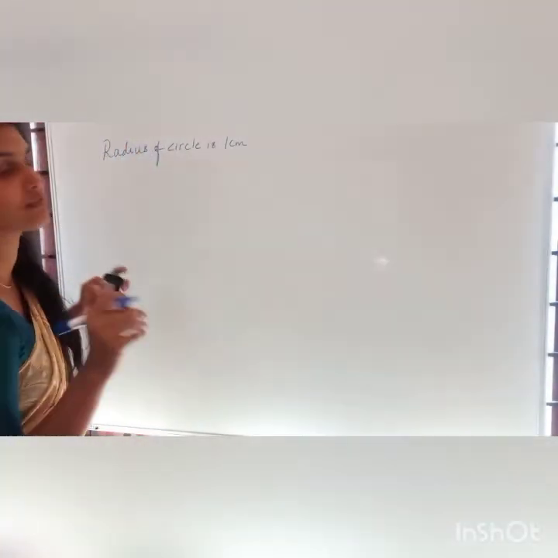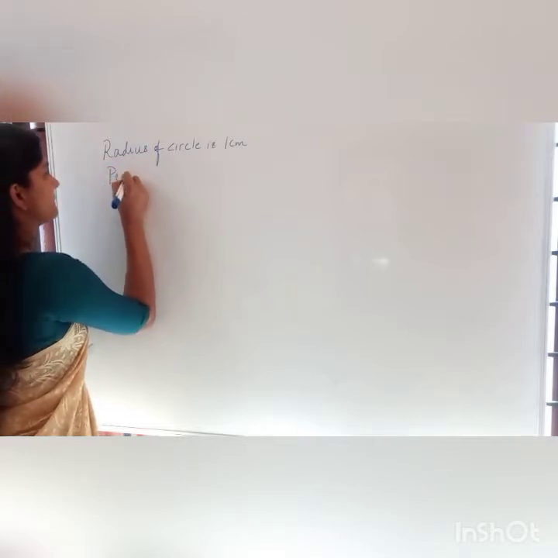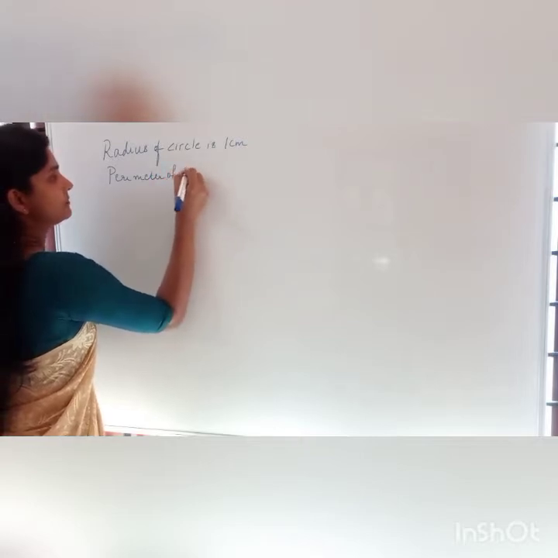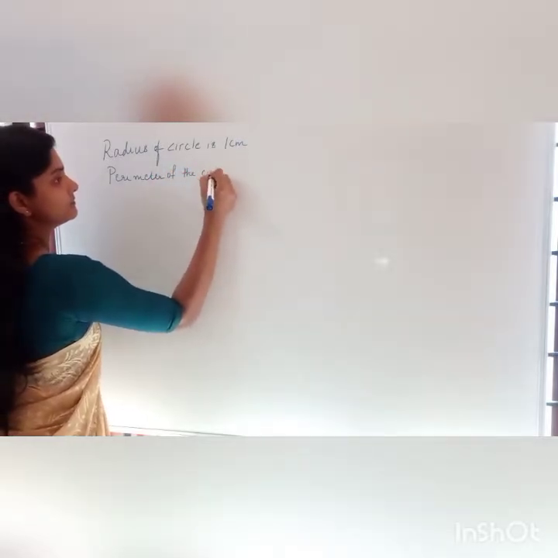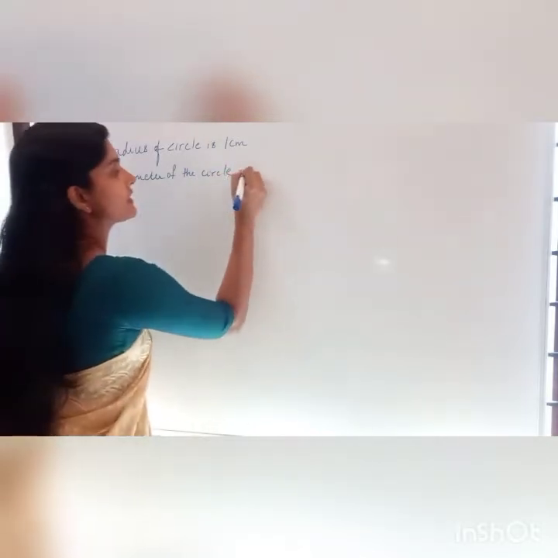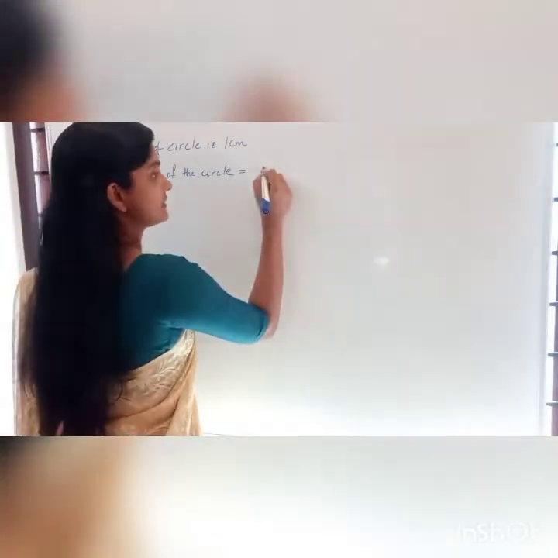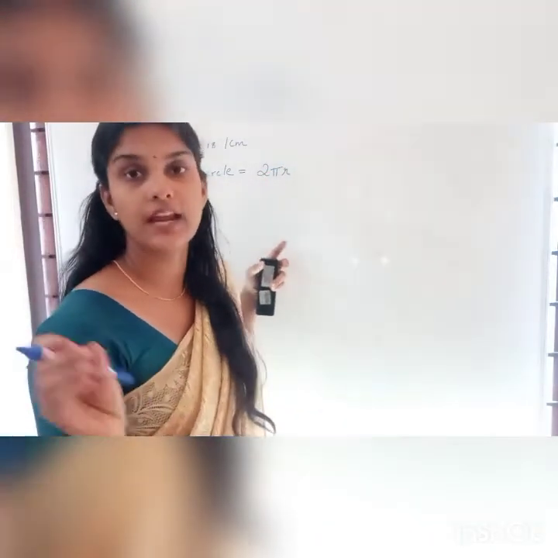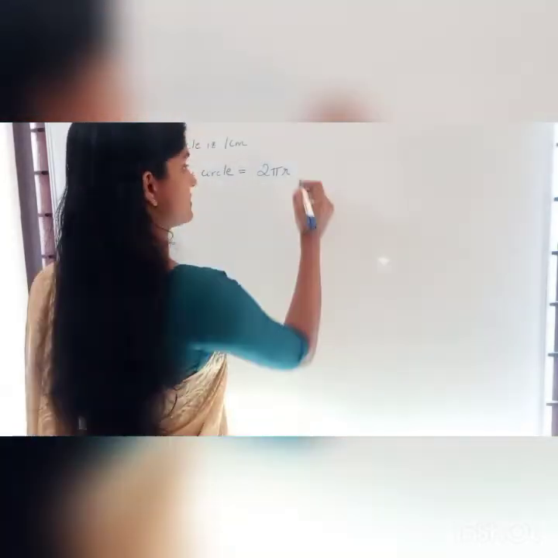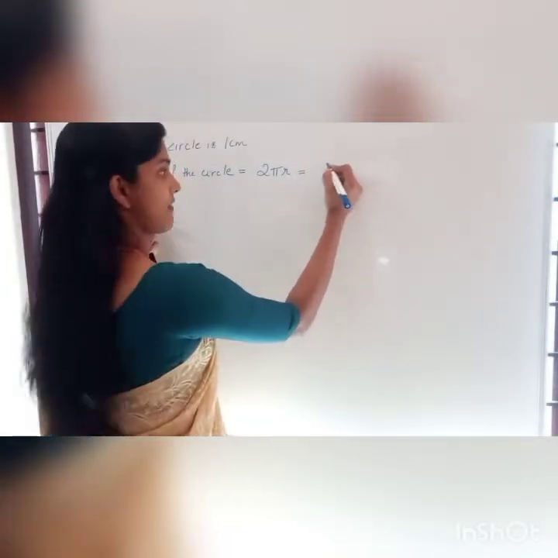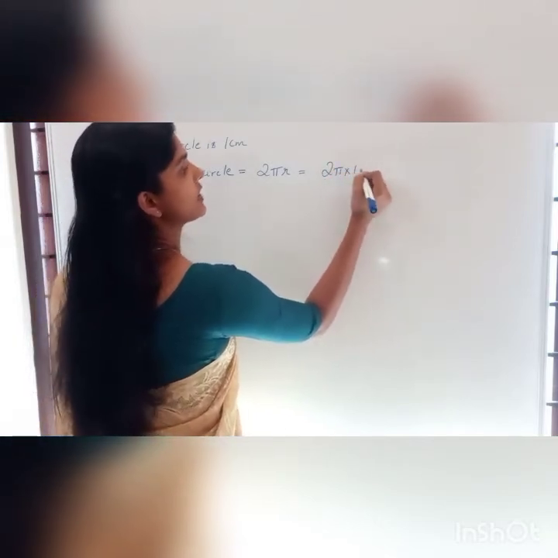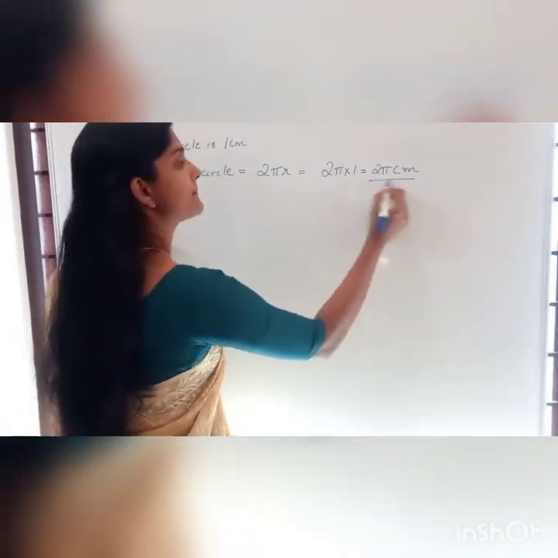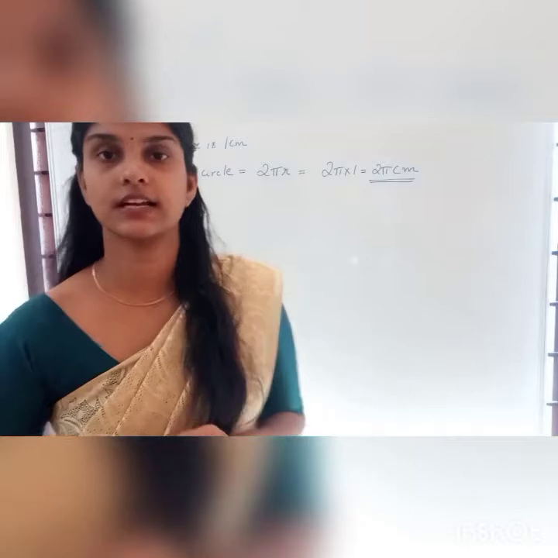So, what will the perimeter of the circle be? Perimeter of the circle is given by the formula what? Yes, it is given by the formula 2 pi r. We know that the radius over here is 1 centimeter, right? So, what will the perimeter be? 2 pi into 1, that is 2 pi centimeter is the perimeter of this circle.